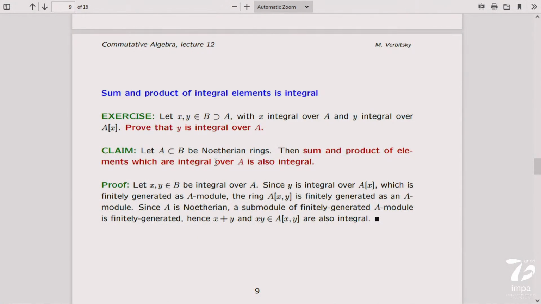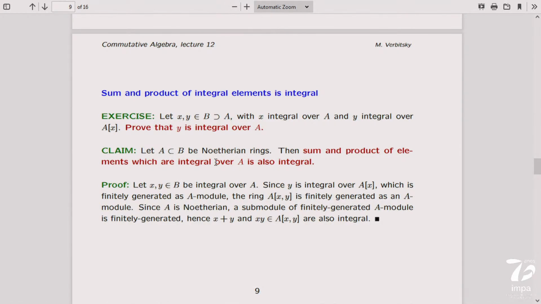Now we have the same kind of results that we had last time and several times before. For addition and multiplication of algebraic numbers, the sum and product of two algebraic numbers is algebraic. This is something we know. The same is true for integral.